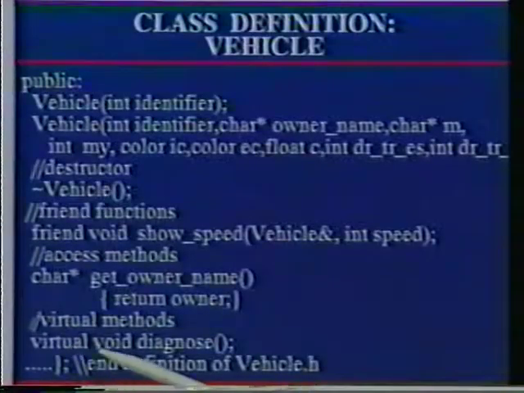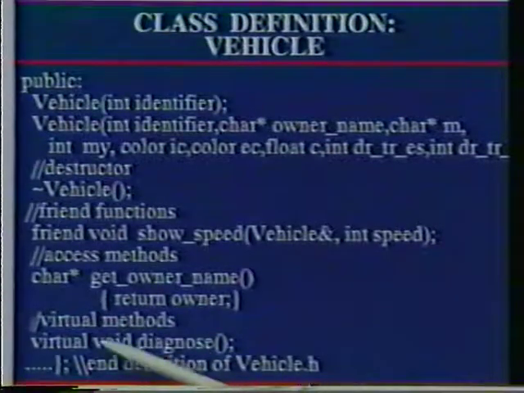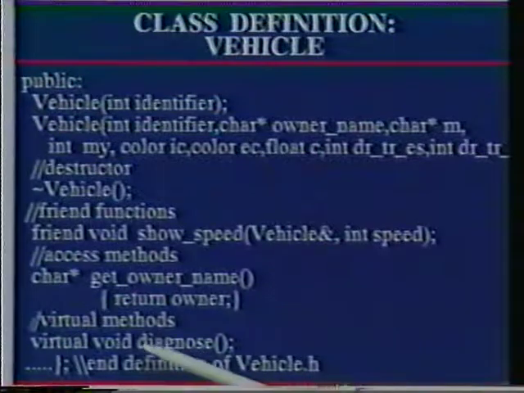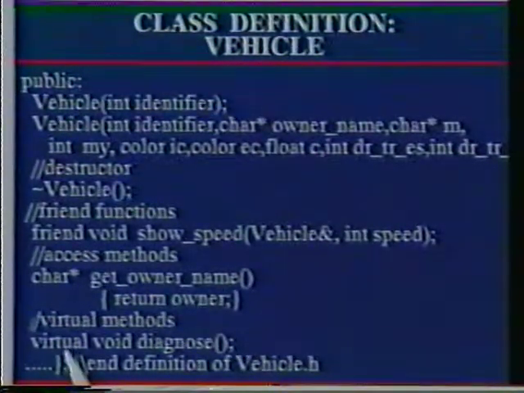So if you say virtual void diagnose, the keyword void is used so that it doesn't return any value, but this function is invoked. When we give the word virtual here, it means that this function can be overridden in the subclasses. So we can have polymorphism in the subclasses.